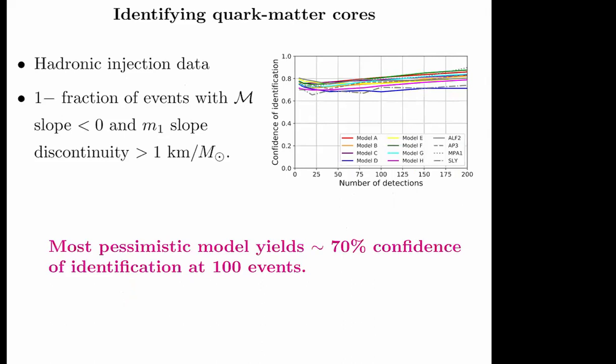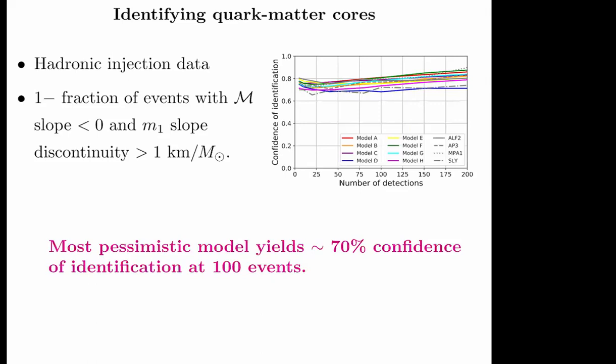And what I plot here is 1 minus the fraction of events that have slope less than 0 and slope discontinuity greater than 1 kilometer per solar mass. That was my selection criteria for quark-matter. And so this measures the confidence that you will identify something as having a quark-matter core.